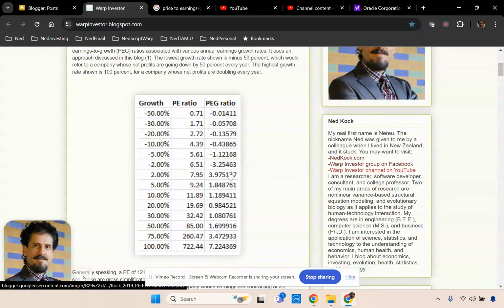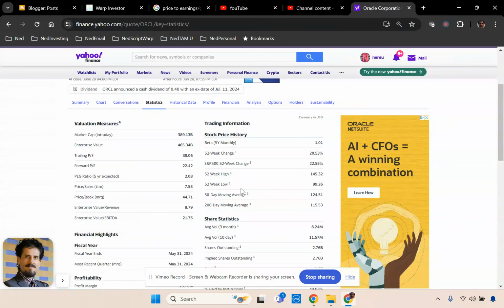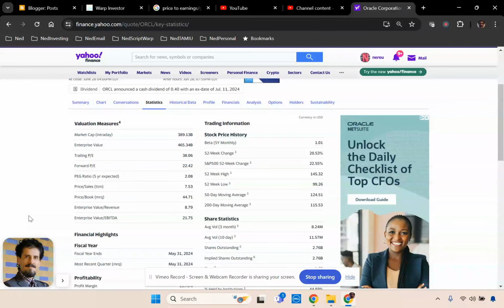But with that PEG ratio, a fair PE ratio would be between this number and this number, so closer to this number. So it'd be maybe something like 8. So a PE ratio of 38 is overvalued for this company.